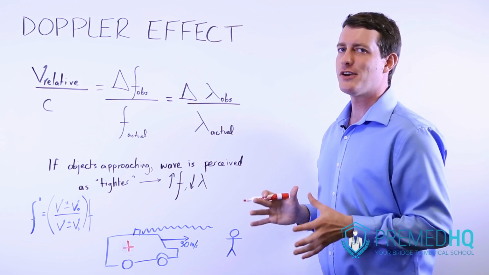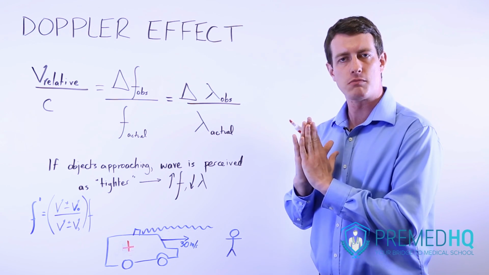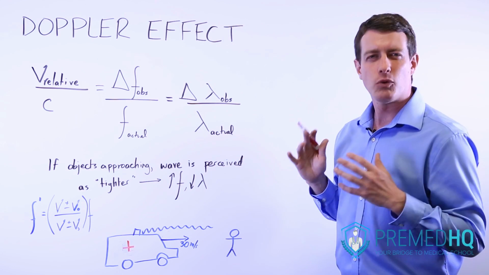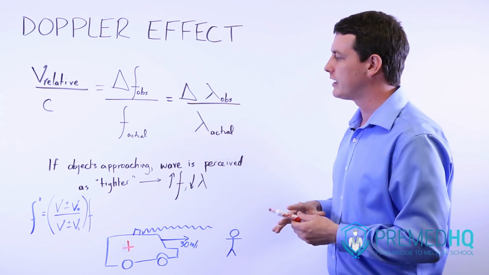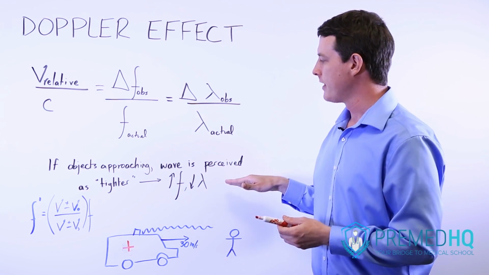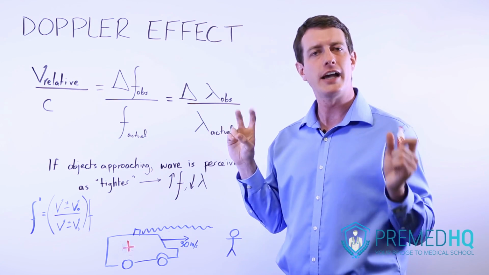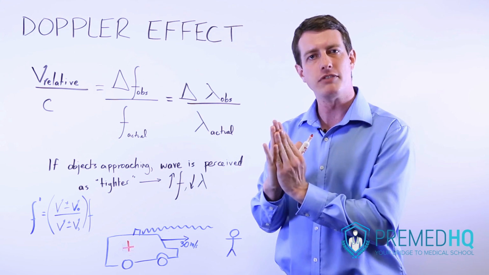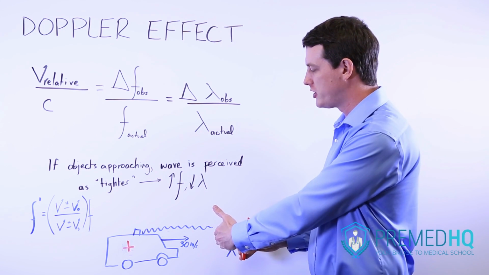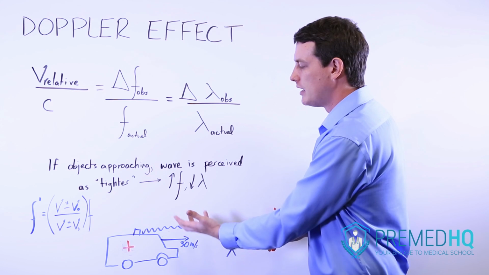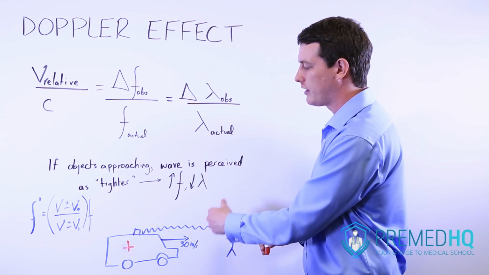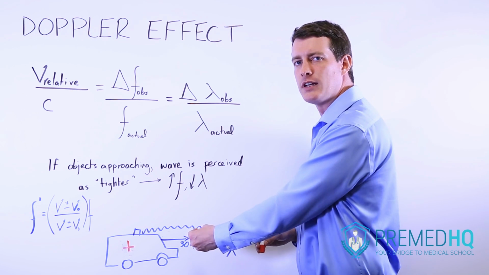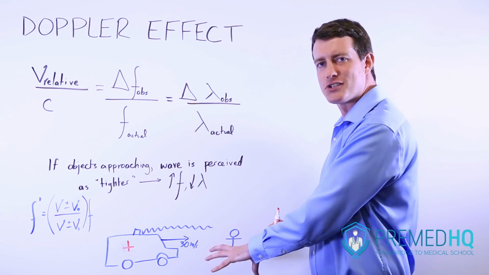So the next question you have to ask is whether the wavelength seems smaller or larger, and same with the frequency. The way to approach that is just to realize that if the objects are approaching each other, then the wave is perceived as being a tighter wave, which means a higher frequency but smaller wavelength. And so because these are moving toward each other, it's going to seem like a wave with about 10% greater frequency, and about 10% lower wavelength.